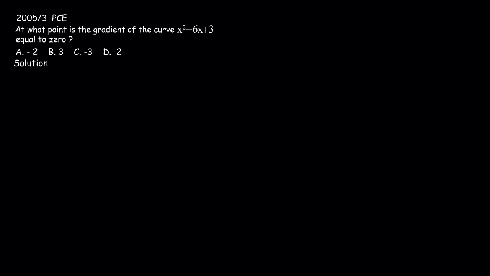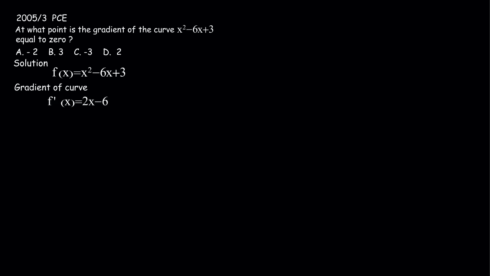We have another example that states: at what point is the gradient of the curve x squared minus 6x plus 3 equal to 0? Now the first thing is going to be writing down our equation, that is f of x is equal to x squared minus 6x plus 3. Now we are going to be finding the gradient, which is also the derivative.